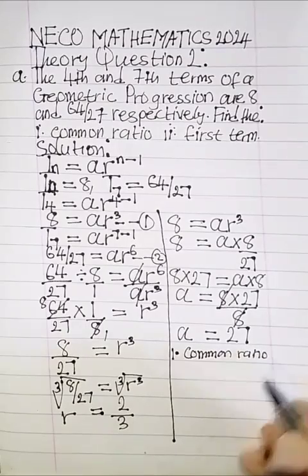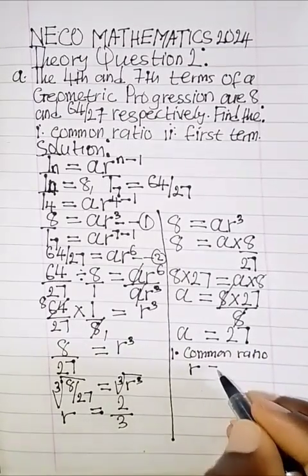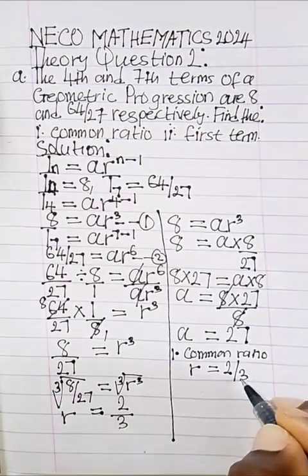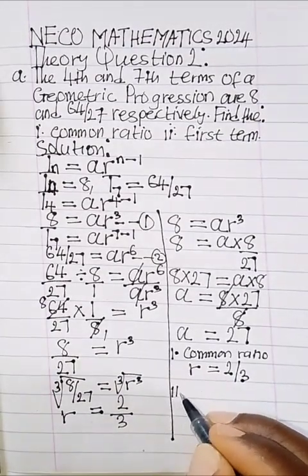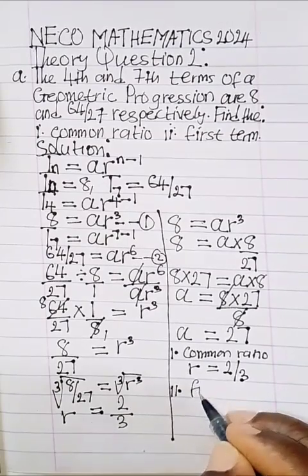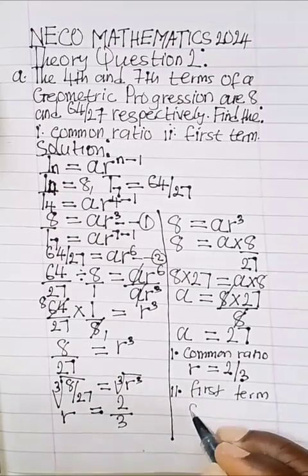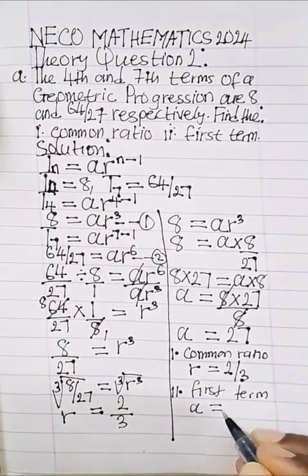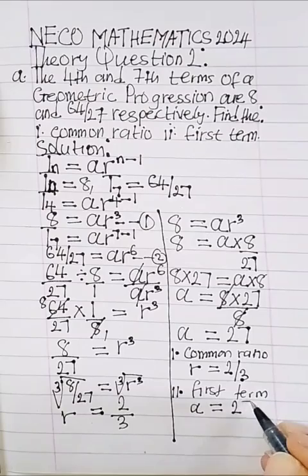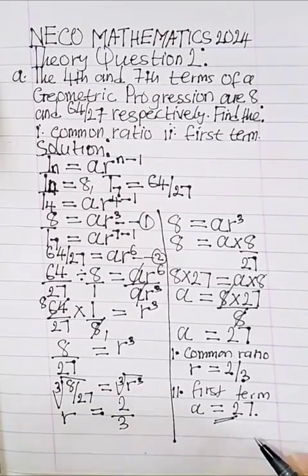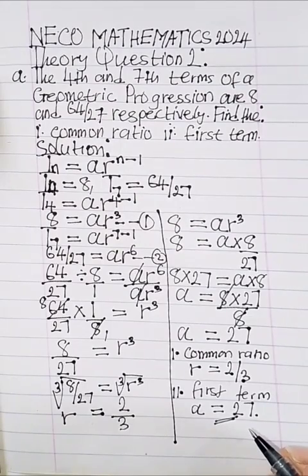Common ratio, that is r, and the value is 2 over 3. Then Roman figure 2, we are asked to find the first term, that is a, and the value is 27. That is the end of the solution.